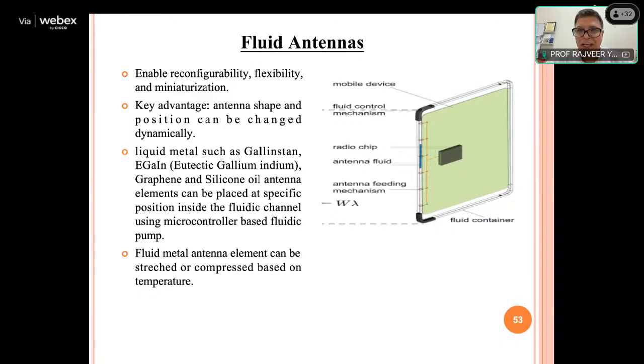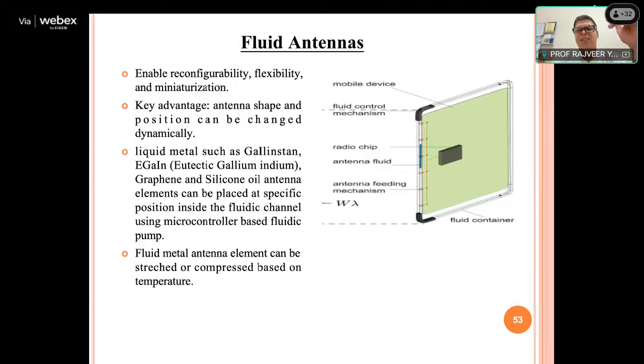The fluid element will be microprocessor controlled, and these fluids will have temperature dependence characteristics. They will flow in a fluidic channel. The fluidic channel will make them probe when stressed. When stressed, the probe will be out. When they are static, the probe will be inserted.